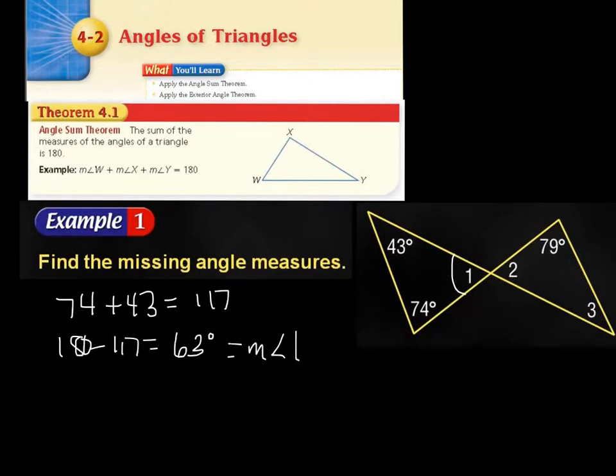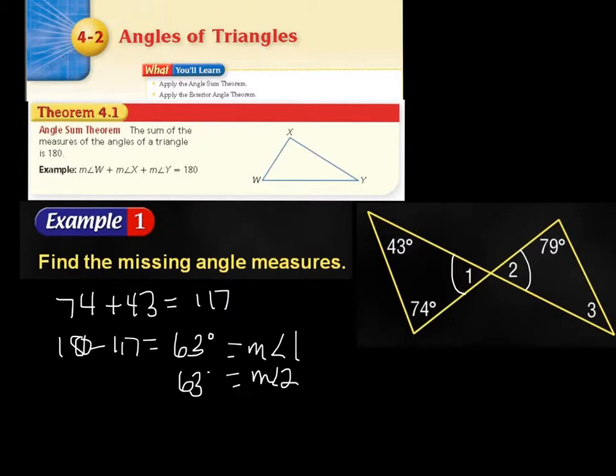And then we can see in the diagram that angle 1 and angle 2 are vertical angles, so their measures must be the same. So angle 2 is also 63 degrees. And then we can use that to find angle 3.